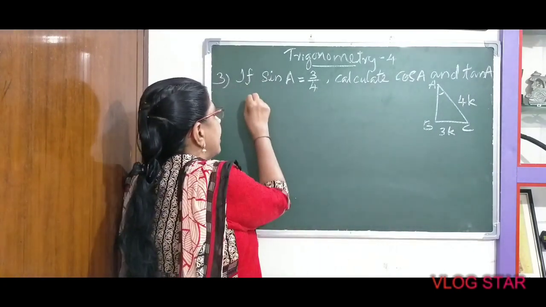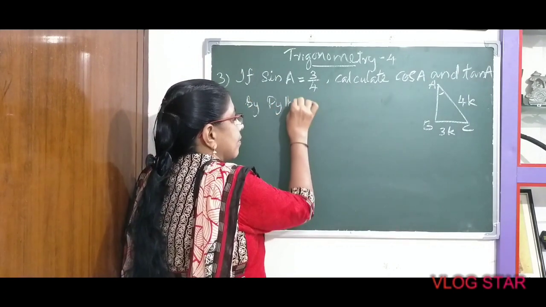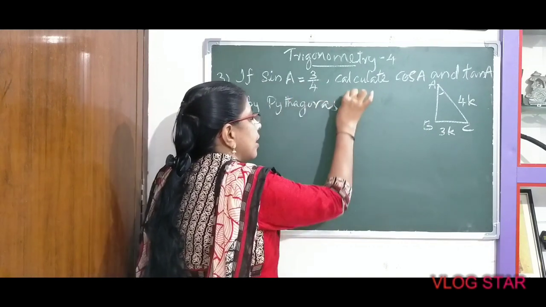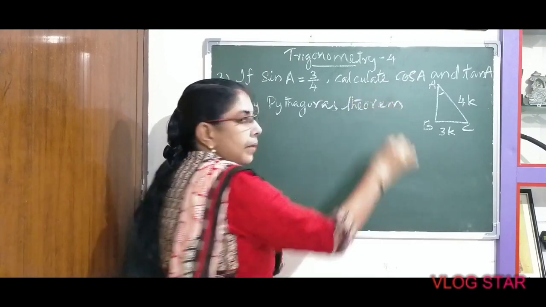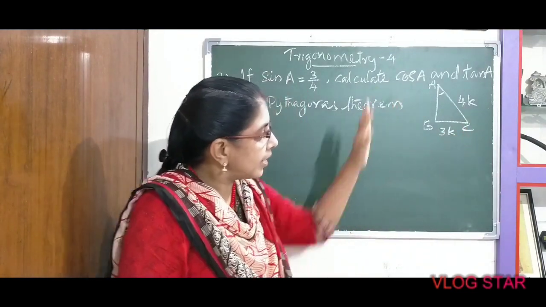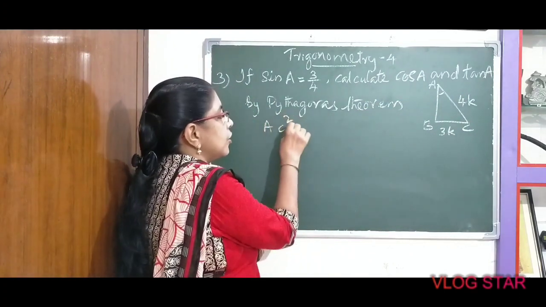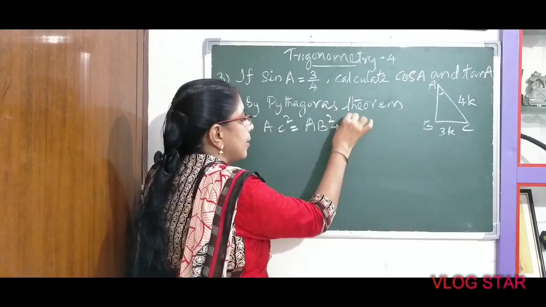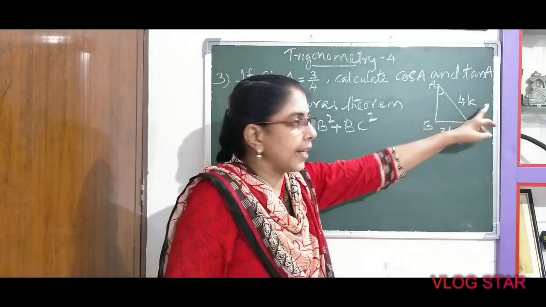Therefore, by the Pythagoras theorem, we know that hypotenuse square is equal to side square plus side square. That is, AC square is equal to AB square plus BC square. Here AC is 4K.